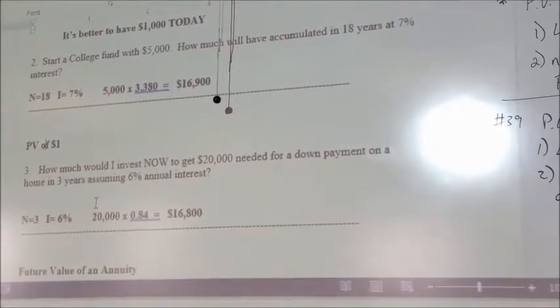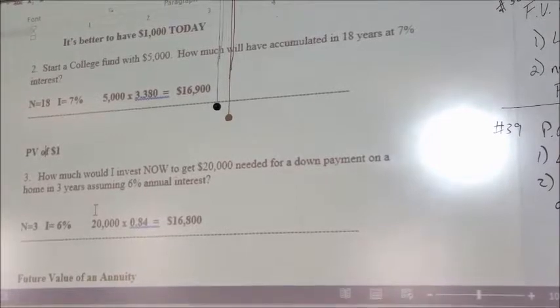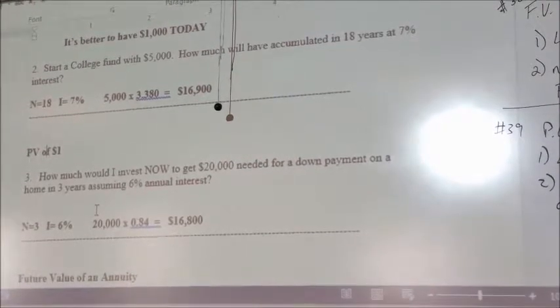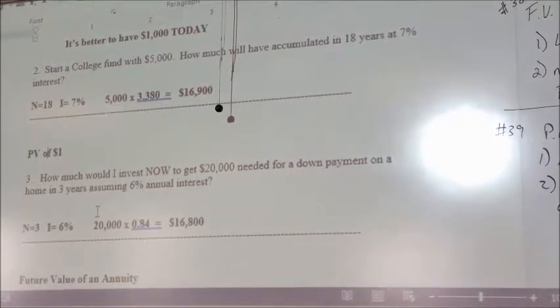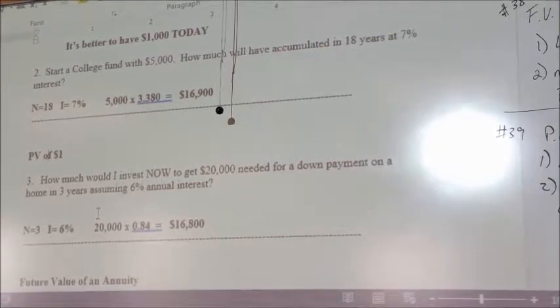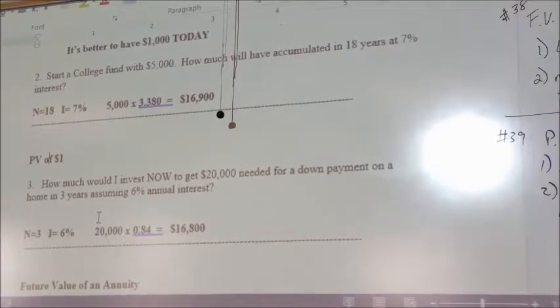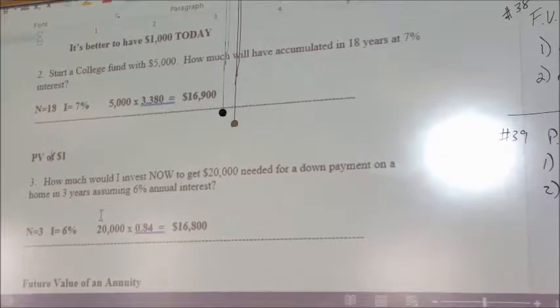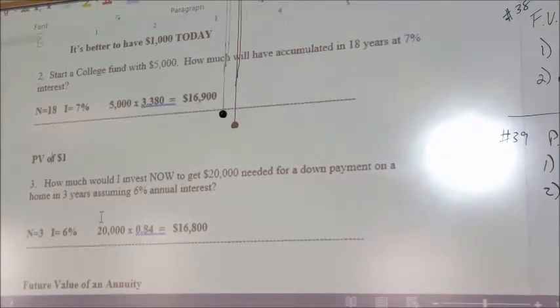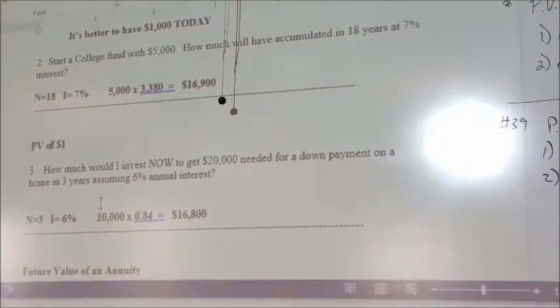And then I also tell you in the beginning of number 4 that we put it away at the end of the year. That's key. By putting the money away at the end of the year, what's the annuity called in that case? Ordinary annuity, good.